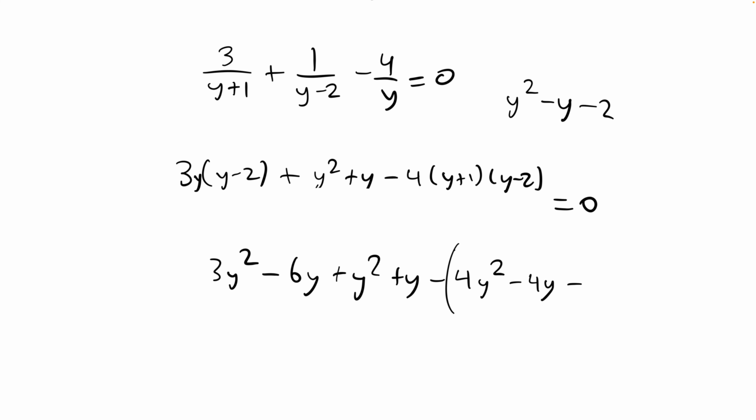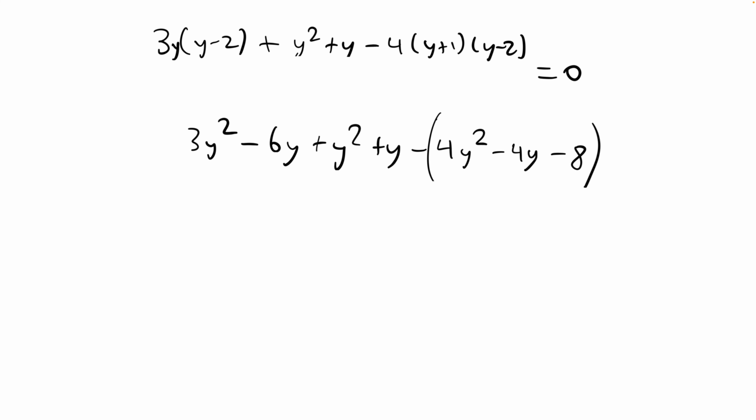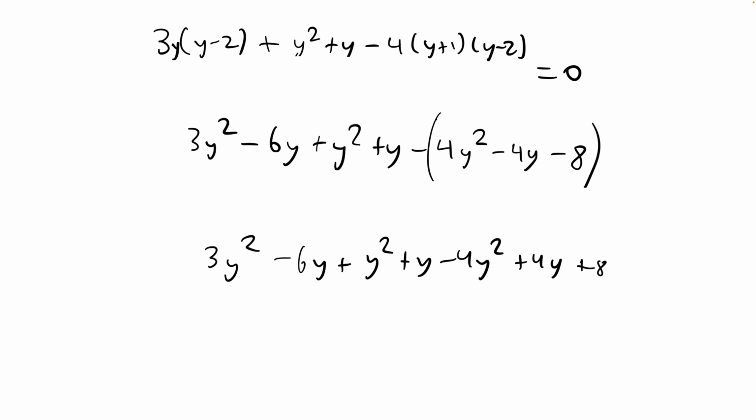And minus 2 times that is 8. We rewrite it in the correct way and simplify any remainders. Minus y squared plus y squared, and you realize we actually have no more squared terms, so it's not a quadratic, but it's fine.